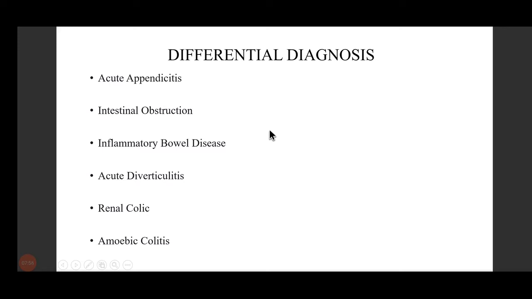So differentials are acute appendicitis, I have explained completely. Intestinal obstruction because of any cause: adhesions, growth, hernias, anything. Growth, colon cancer, adhesions, stricture, and many other causes, anything which is obstructing the lumen.